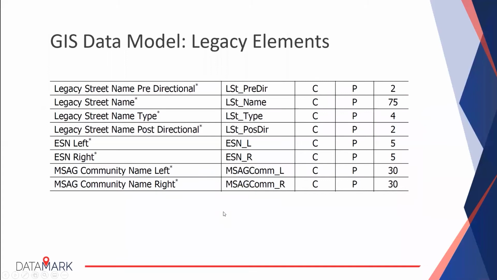Now, to support the legacy components that happen in today's 911 environment, the NG911 GIS data model has legacy elements in it. And the legacy elements are brought forward and supported to assist with the transition to an actual end-state next-generation 911 environment.